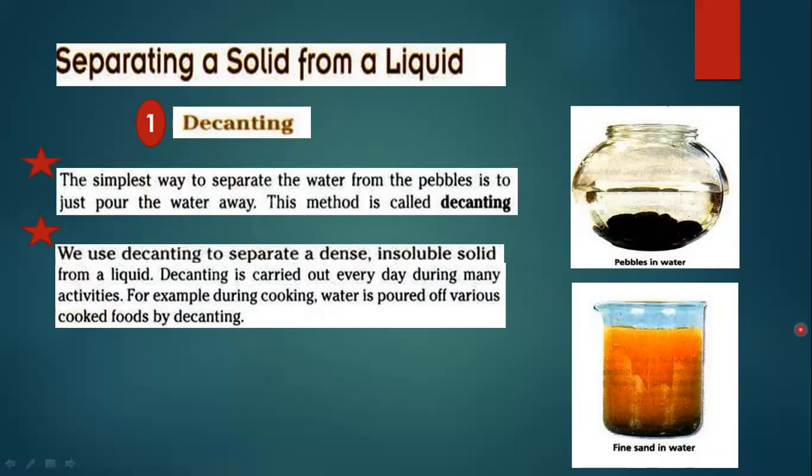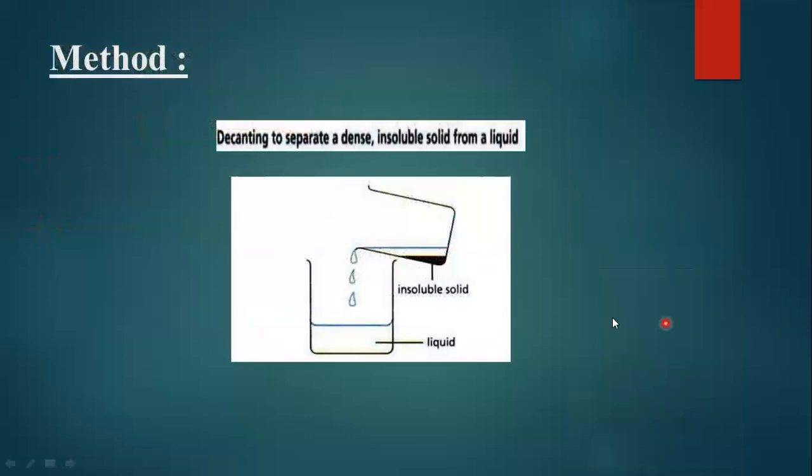Okay, how is this method performed? Let's suppose you can see in this picture two beakers. One of the beakers contains the mixture, and the mixture includes insoluble solids and the liquid. We just perform this experiment by pouring off the liquid carefully.